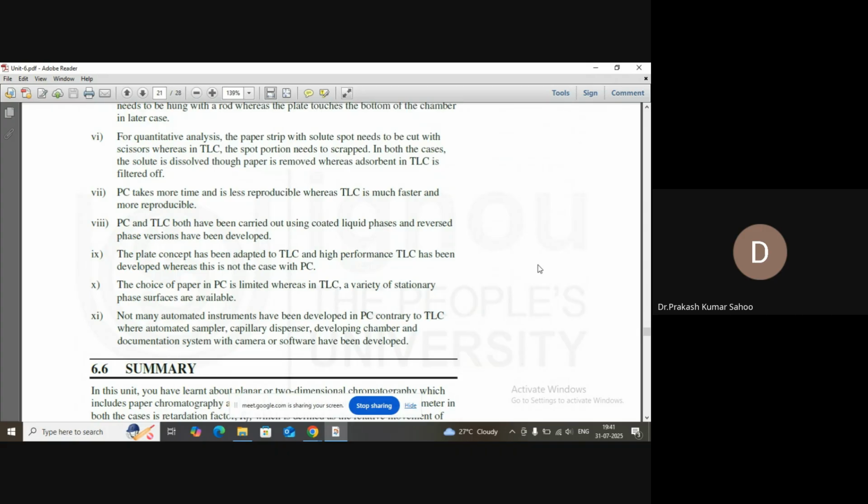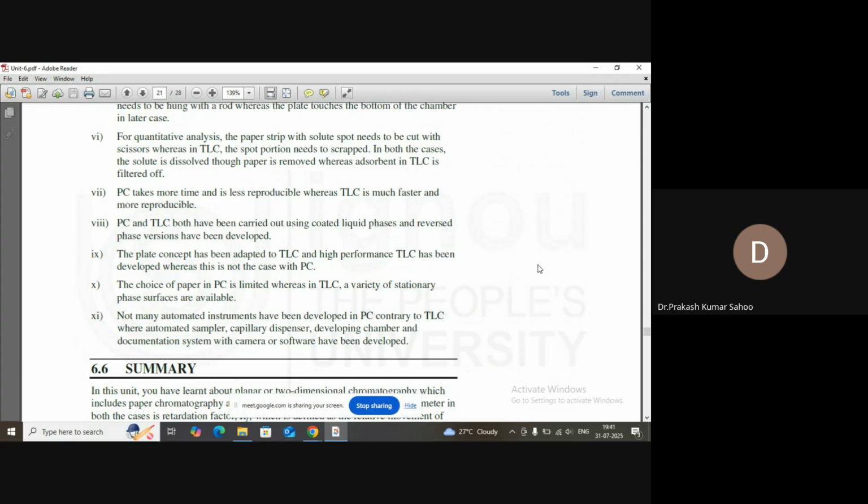Accordingly, they choose the stationary phase, whether to go for paper chromatography or thin layer chromatography. Thin layer chromatography is a little more expensive than paper chromatography.